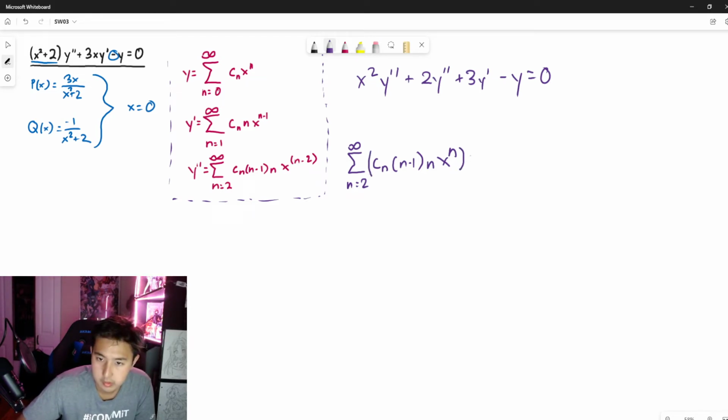Next we have the power series, once again n equals 2 to infinity. This time we're plugging in 2, and there's not much you can do to cancel out.